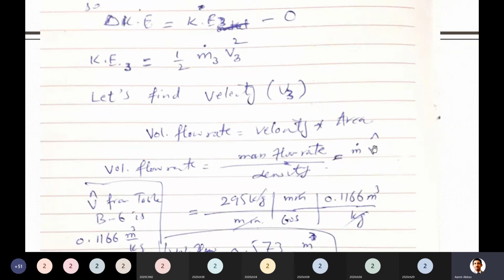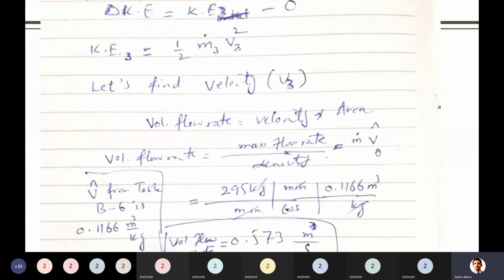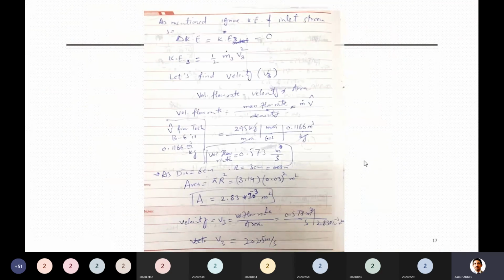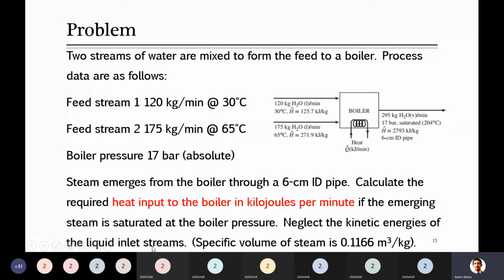Why did I do this? Because in the question statement you were provided with the specific volume of the steam leaving at the outlet of the boiler. If you don't remember, just read the last line: specific volume of steam is 0.1166 cubic meter per kg.